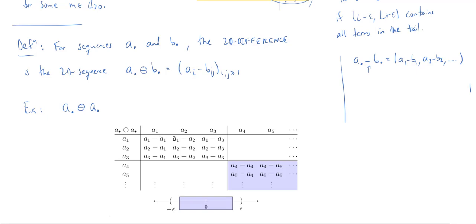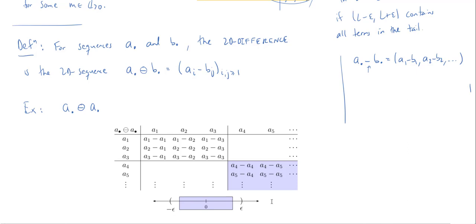Then we have A1 minus A2 and A1 minus A3. And over here we'll have A3 minus A1 and A3 minus A2, and so forth. And maybe I look at a tail, and just ignore this for the moment. I look at a tail of this 2D difference. That's going to give me all the differences between elements of A past a certain point.